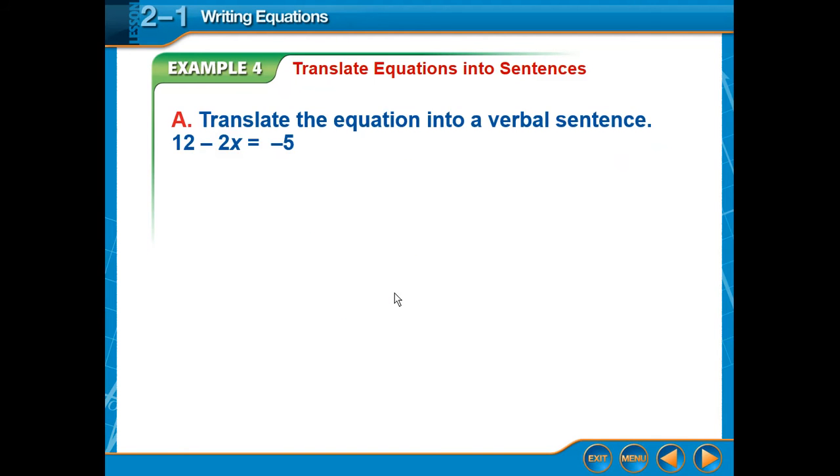Good. Okay, so we want to be able to take a sentence and write an equation, and also take an equation and write it into a sentence. So 12 minus 2 times x is negative 5. There's a couple ways you can say this.